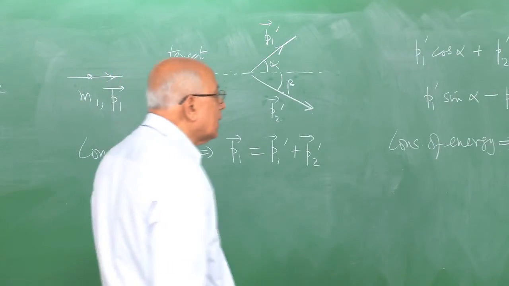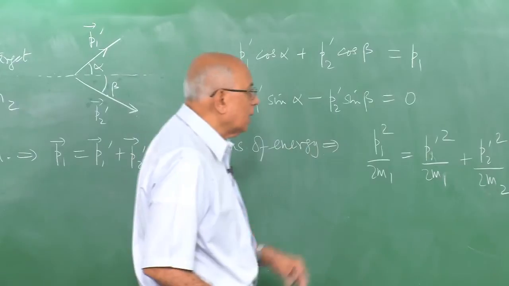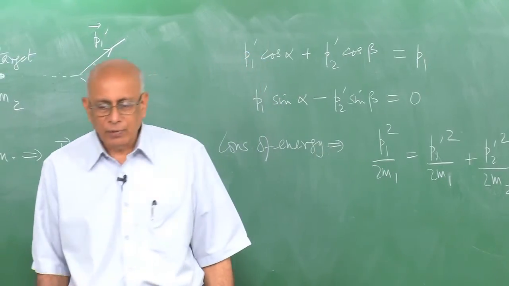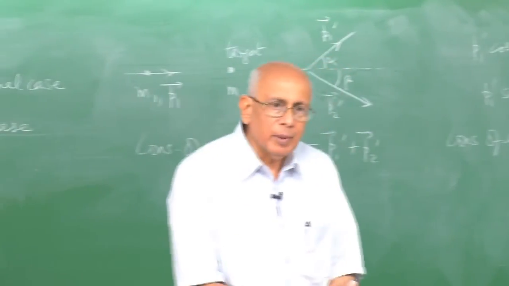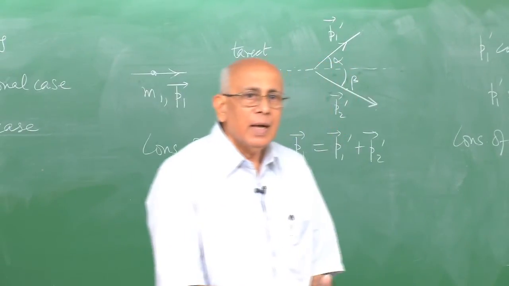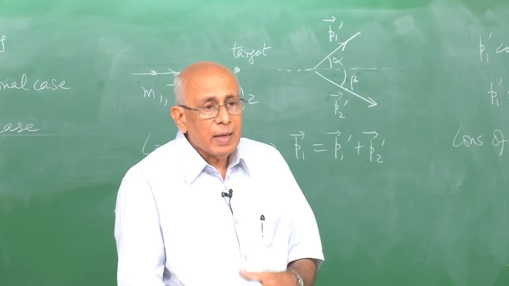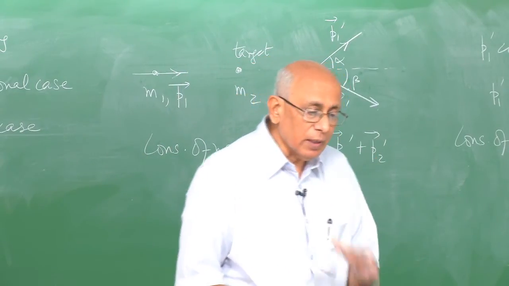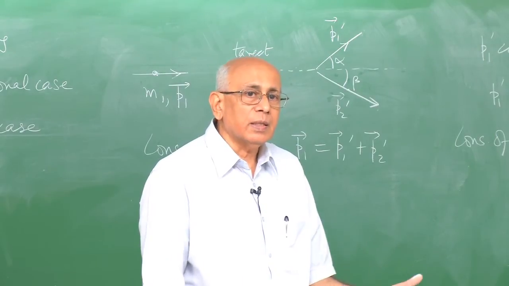All you can say is, given any one of these quantities, we can then deduce what the other quantities are, and then the task of dynamics is to put in further information about the interaction and then predict for various values of any one of these quantities, such as the angle beta, for given beta, what the other quantities turn out to be.